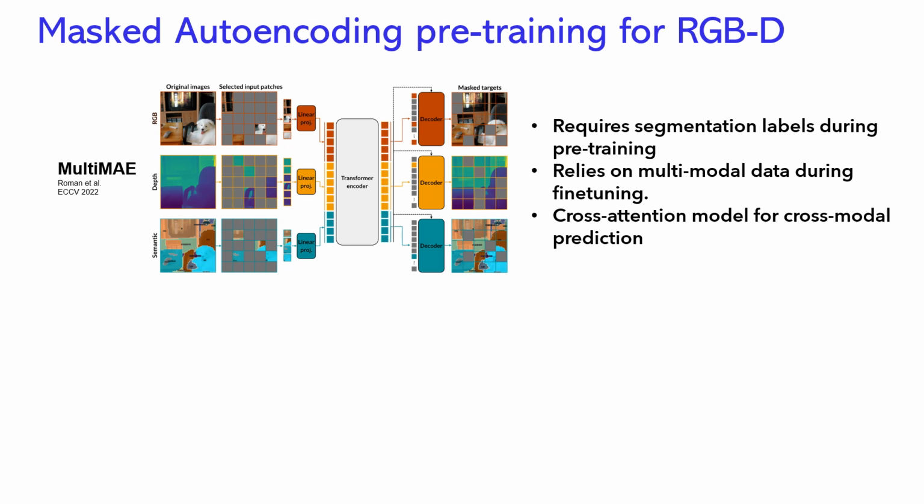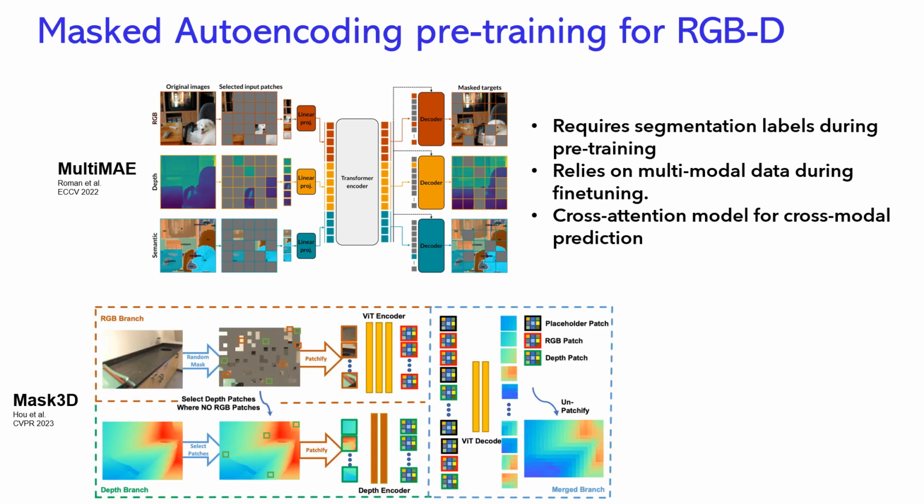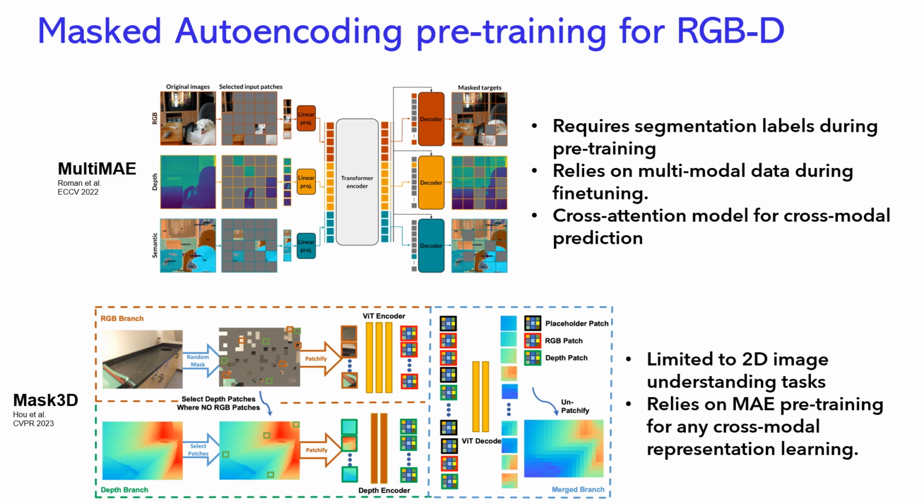It also uses a cross-attention mechanism to learn the cross-modal relationship. Another approach is Mask3D, which effectively learns 3D priors from single-view RGB-D data frames by only reconstructing the depth through masking out patches in RGB and depth modalities. However, this is very limited to 2D image understanding, and it relies on MAE pre-training for any cross-modal representation learning.